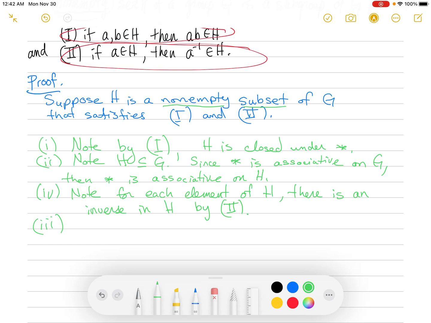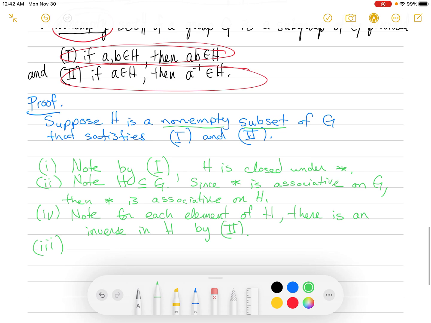Now 3 is the most difficult one. You have to show that the identity is in H. So we know H is non-empty. That's assumed here.